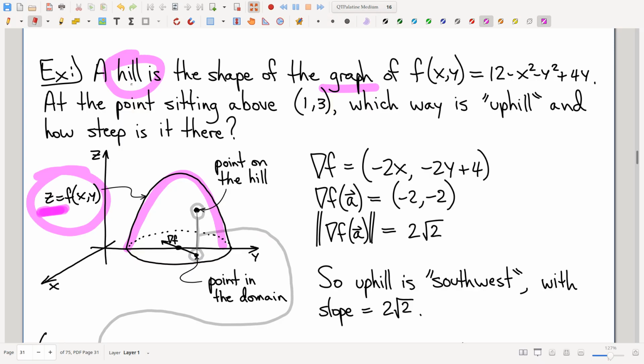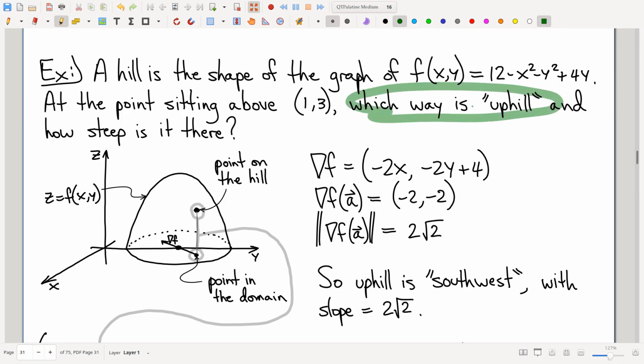And given a particular place where I am on the hill, I'm going to ask very reasonably, which way is uphill? And how steep is it? And the answer to both of these questions is the gradient. Which way is uphill? Well, what direction does the gradient point? That's the direction that's uphill. How steep is it? Well, the steepness is the magnitude of the gradient that you already just computed. So that's how steep it is. And by the way, that's really steep. That's like 2.8. It's very steep.